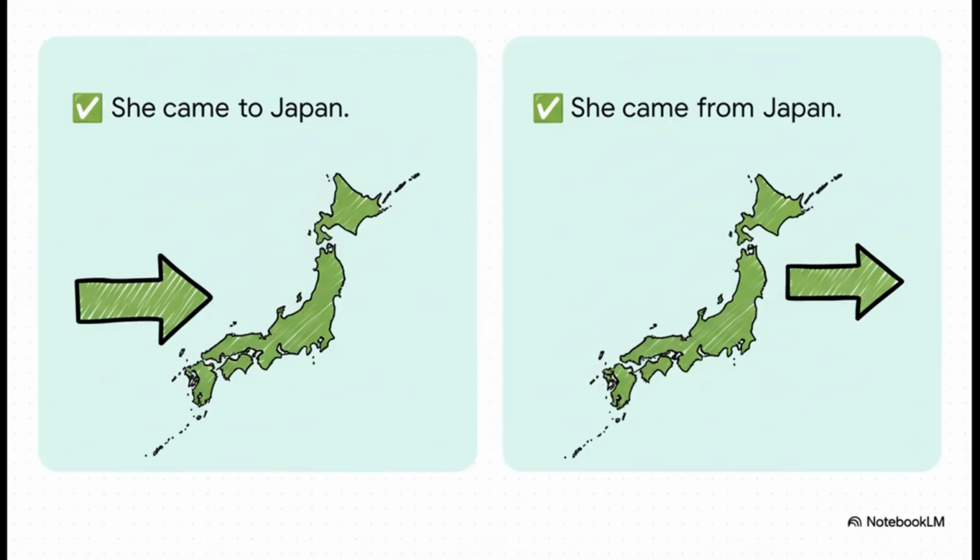Neither of these is a mistake. They're both 100% correct, but they mean completely different things. It just goes to show you how one tiny word can change the whole story. She came to Japan means Japan was her destination. She came from Japan means it was her starting point. See, it's all about context.